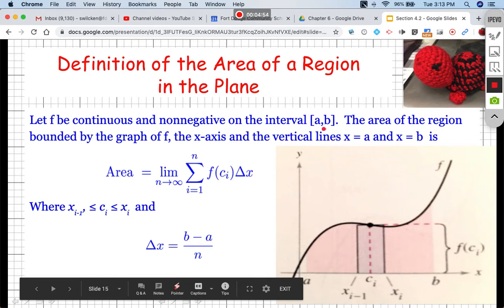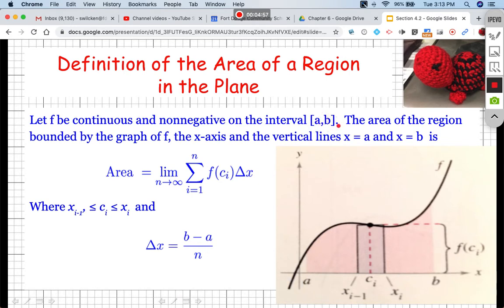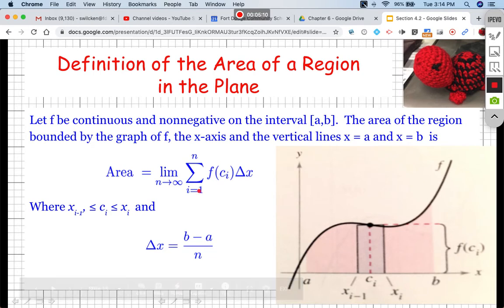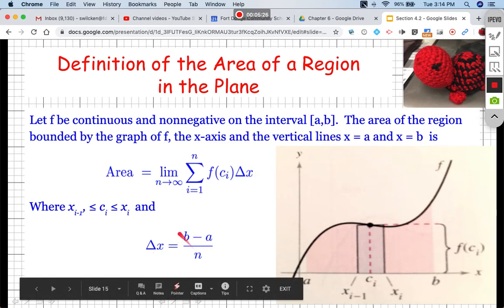So we're on a closed interval. And the area bounded by the graph, the x-axis, and the vertical lines at a and b is going to be the limit as n goes to infinity of the sum as i goes from 1 to n of the function at c sub i, which is just some value inside each of those subintervals, times the delta x, where delta x is b minus a over n.